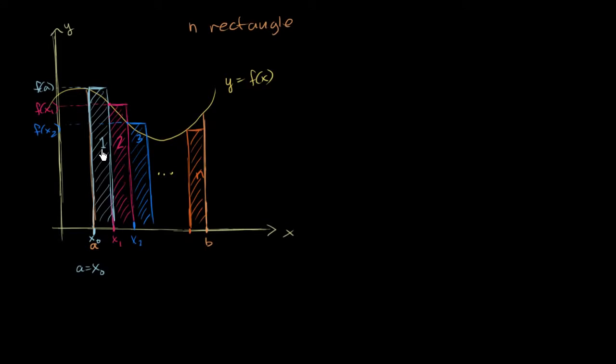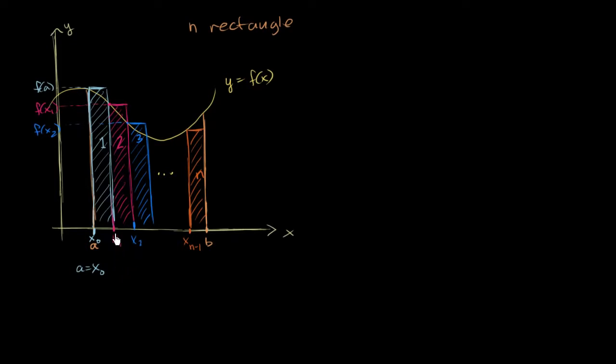The left boundary of the first rectangle is x sub 0. The left boundary of the second rectangle is x sub 1. The left boundary of the third rectangle is x sub 2. So the left boundary of the nth rectangle is going to be x sub n minus 1. Whatever the rectangle number is, the left boundary is x sub that number minus 1. And this is just based on the convention that we've defined.